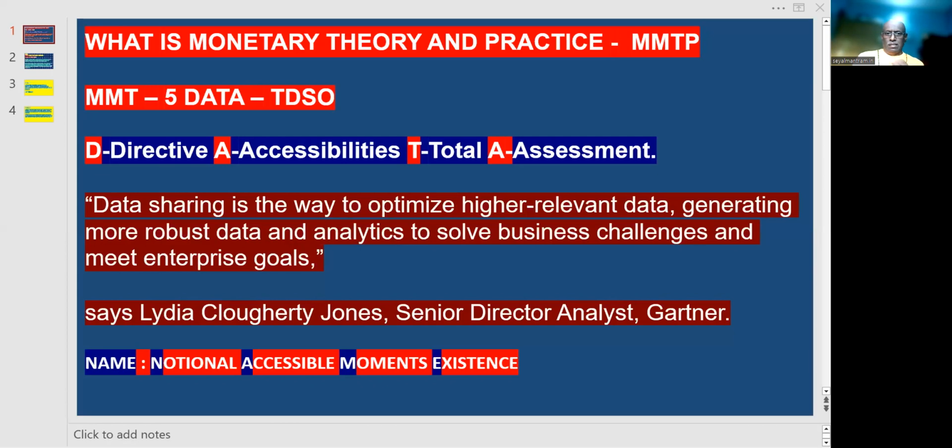Now we are going to talk about the real value of monetary theory and practice, the fifth part. The data accumulated in real terms for the last 10 years, you can see, and in these last 10 years the monetary theory and practices are almost related with them.